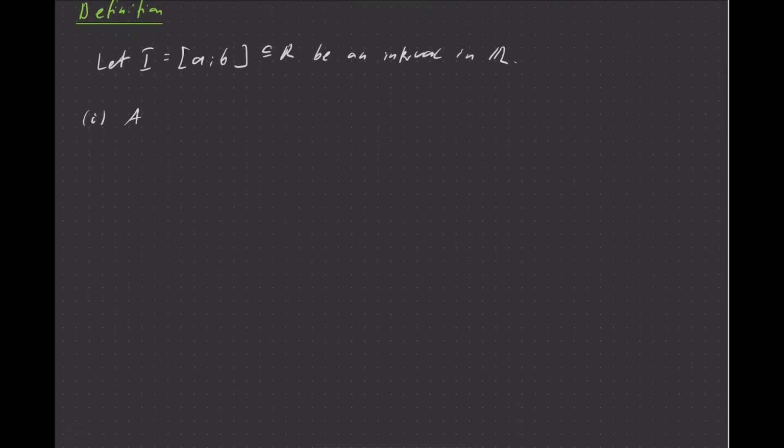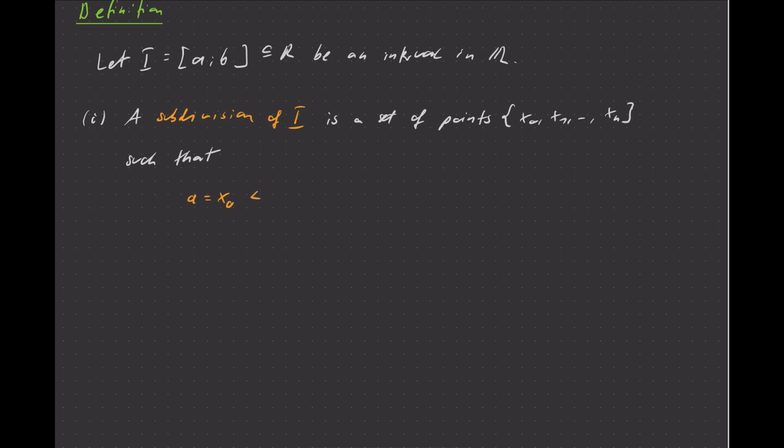Okay, so a subdivision of the interval I is simply a set of points. We'll usually label these points x0, x1, and so on up to some xn, such that, and the only requirement will be, the leftmost point is going to be x0, and that's equal to the left bound of our interval.